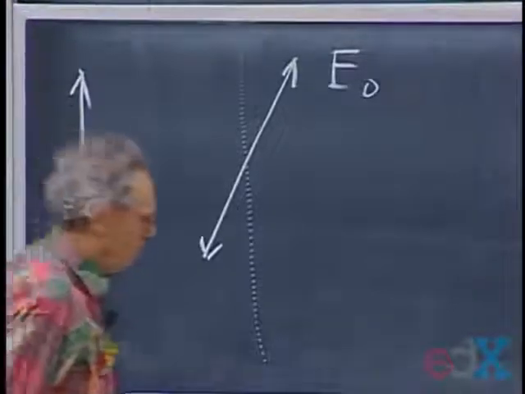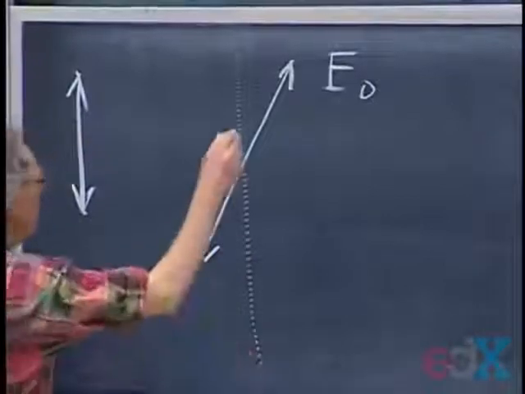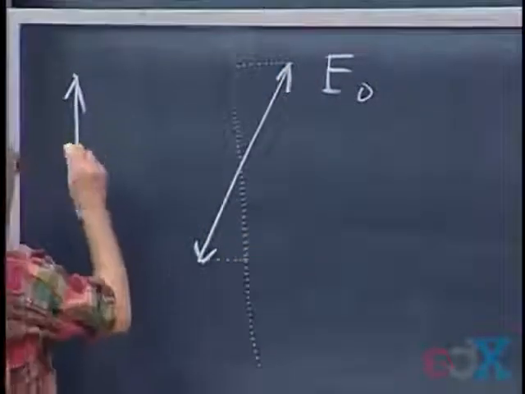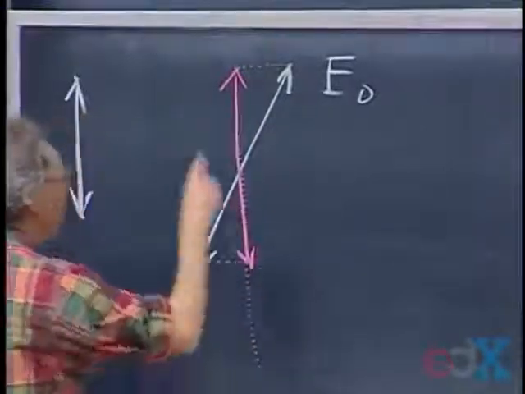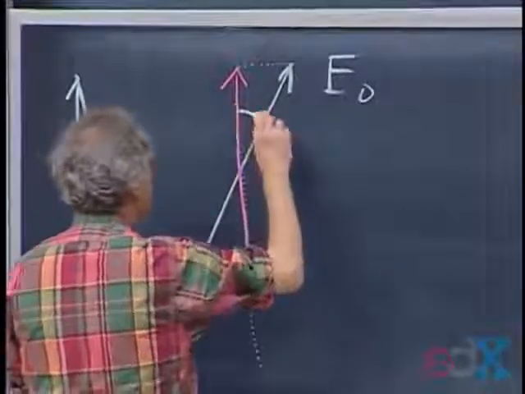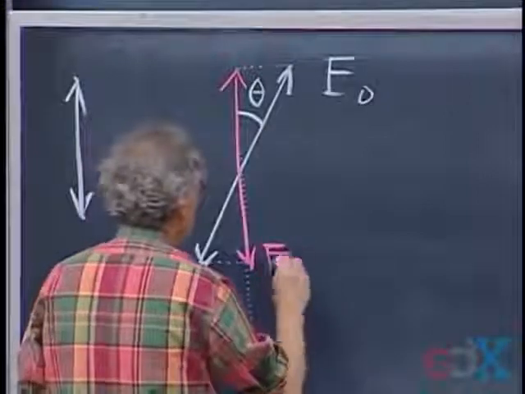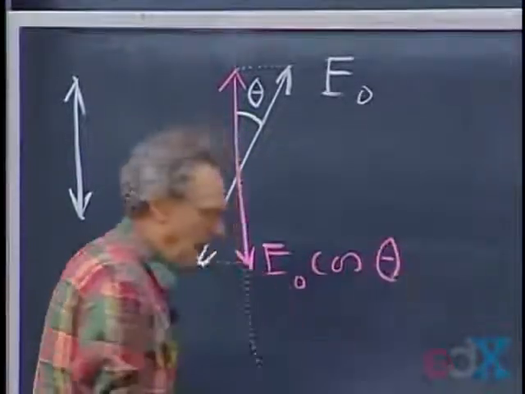I can now make a simple calculation by projecting this E vector onto the preferred direction of polarization. And this new E vector is now down by the cosine of theta. If this angle is theta, this E vector is now E0 times the cosine of theta.